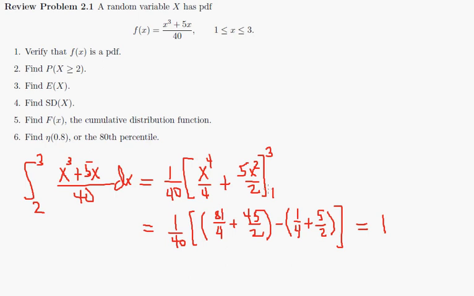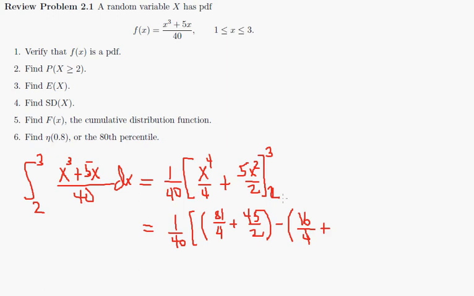And so the calculation will look very similar to what we just did, except I have to plug in 2 for my left endpoint instead of 1. So plugging in 3, I get the same answer as what I had before. Plugging in 2, I would get 2 to the 4th over 4, so 16 over 4.